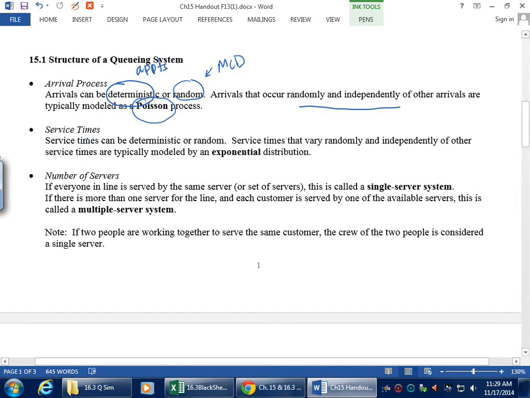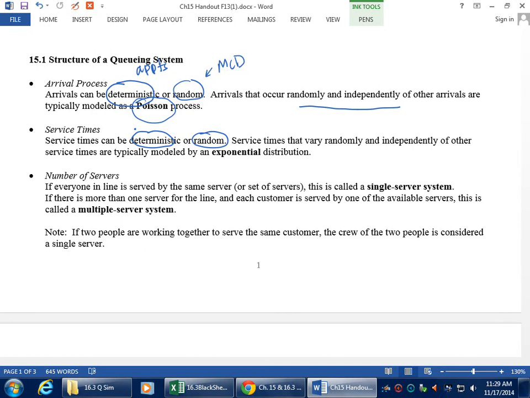Okay, and the service times, that is, how long it takes to serve a customer, could be deterministic or random. If you have robots processing parts that go into some product, then service times are probably deterministic. It takes the same amount of time to process each part.